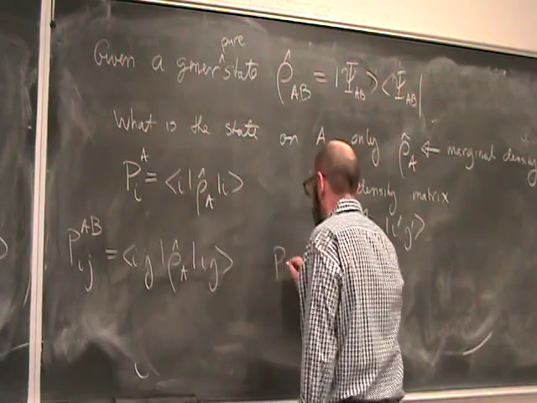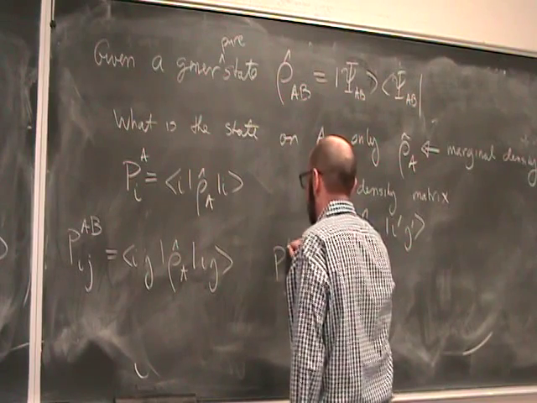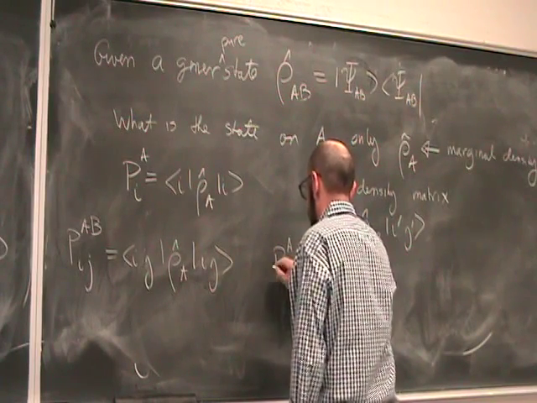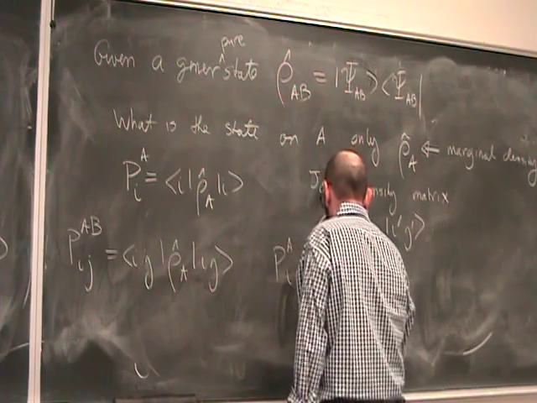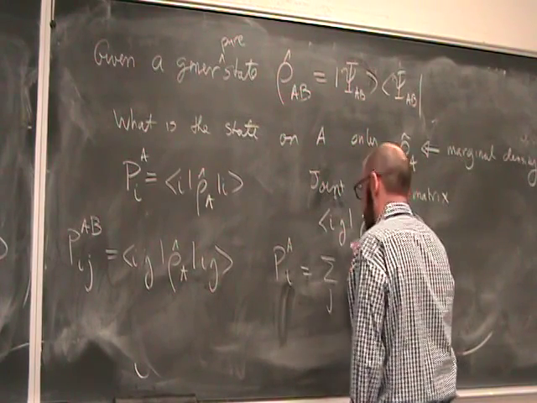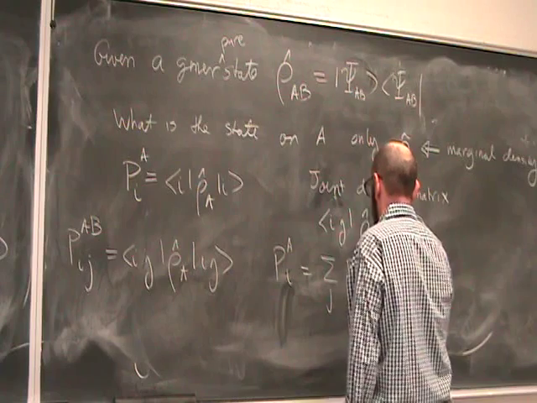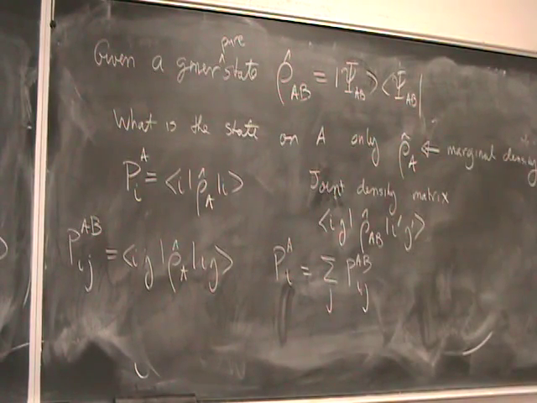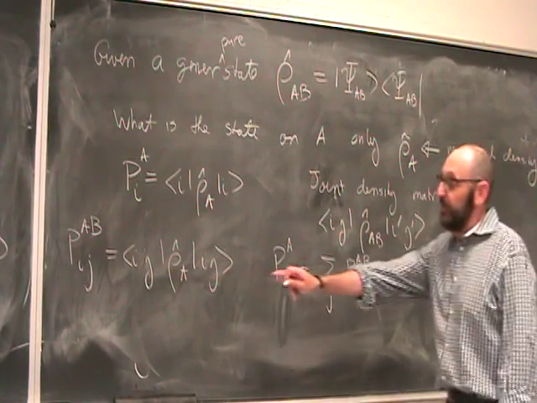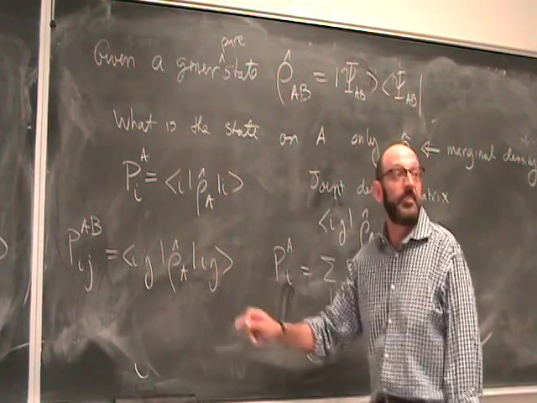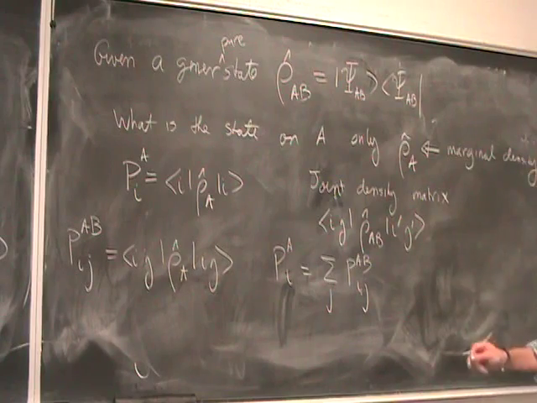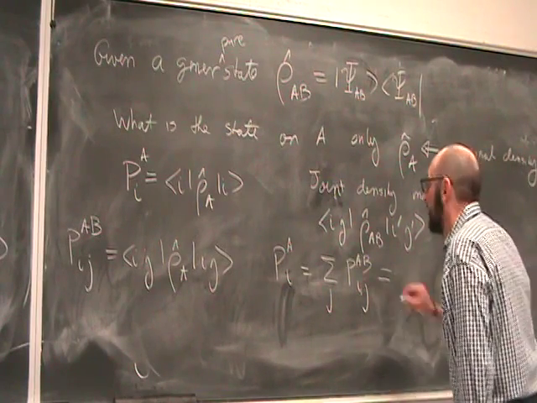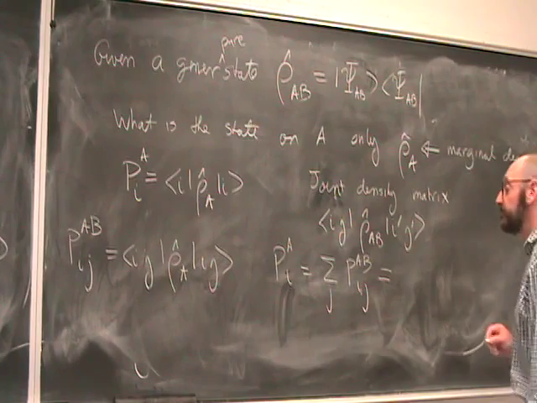And the marginal was the sum over J. And that is equal to the trace over the second system.